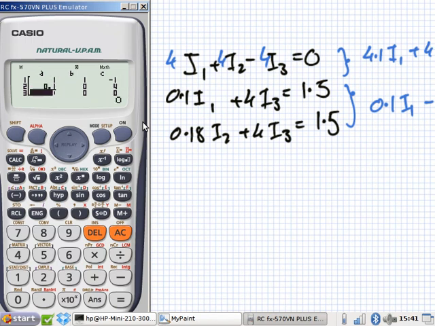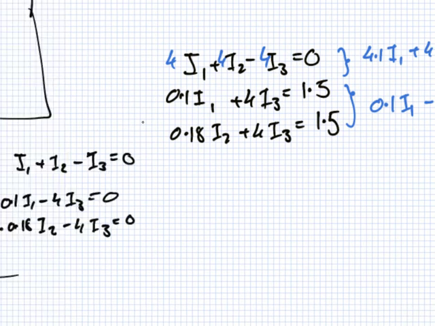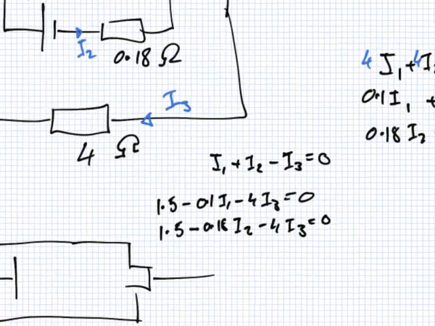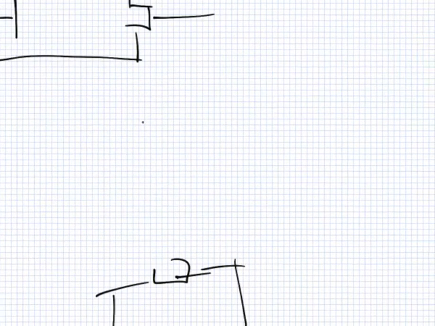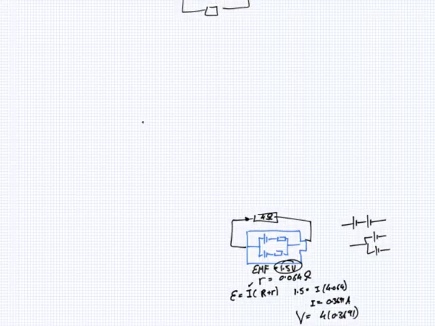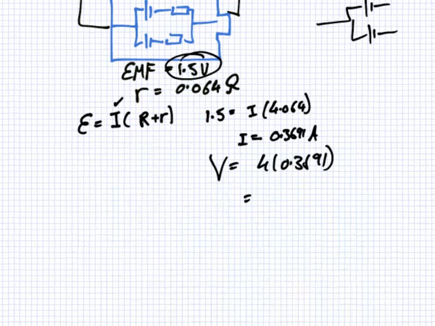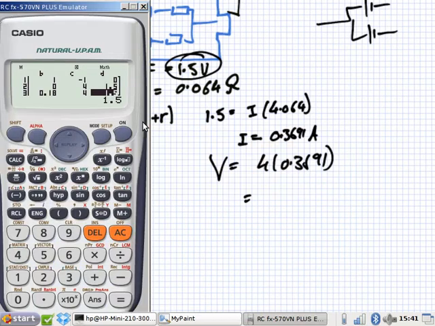That's what I said. 0, 0.18, 4, 1.5. Now, which current here should match the answer I just got? I1, 2, or 3? Okay, so we want I3 from Kirchhoff's way to be 0.36. Okay, here goes. Don't want this answer. Don't want this answer.